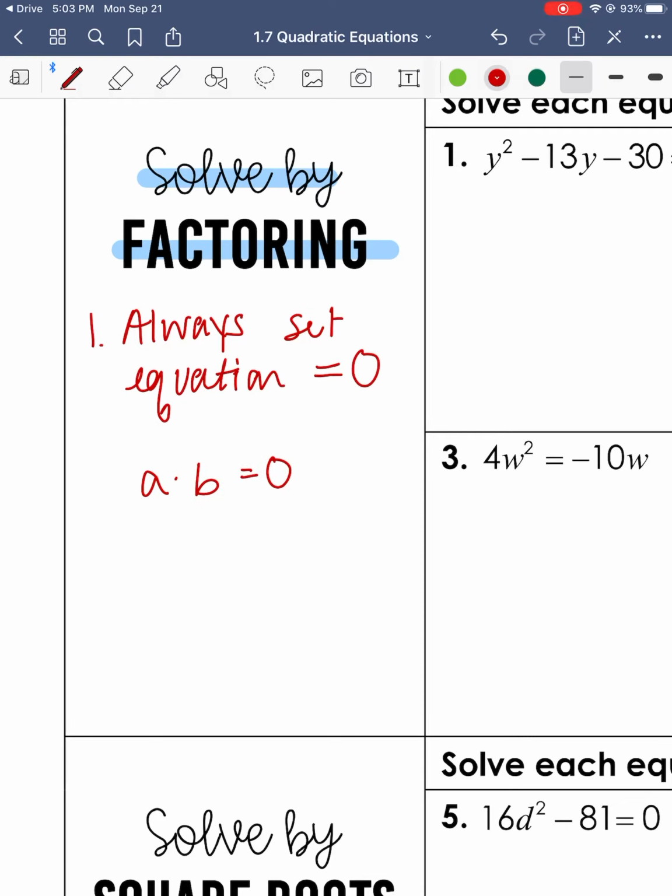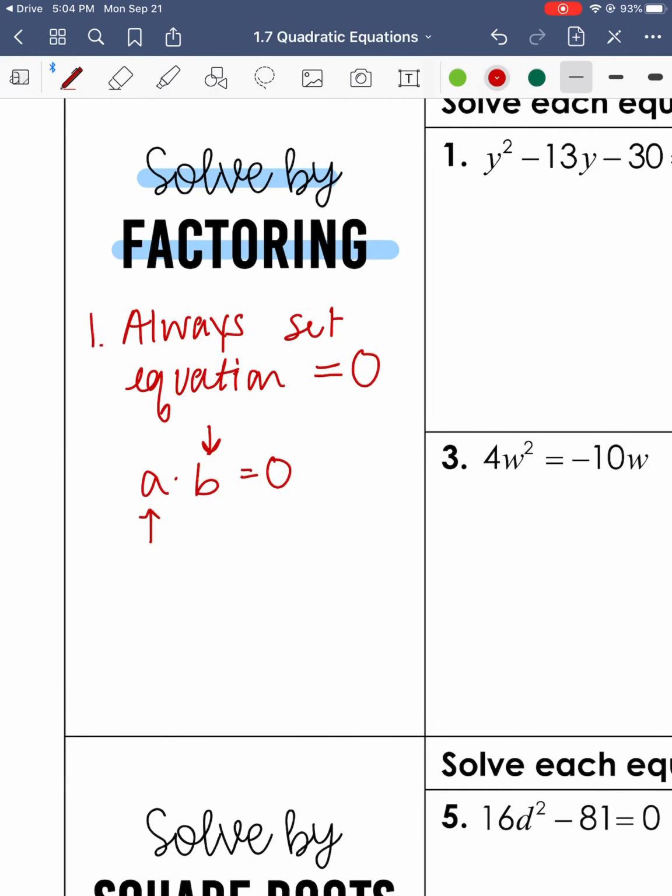Okay, and the zero property of multiplication tells us that for two numbers being multiplied together to equal 0, either one has to equal 0 or the other one has to equal 0. So we have to rearrange the equation so we have a number times a number, or a number times a number times a number. Basically we're doing a bunch of multiplications. We have a bunch of factors being multiplied together to equal 0.